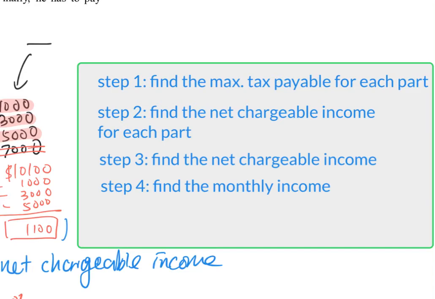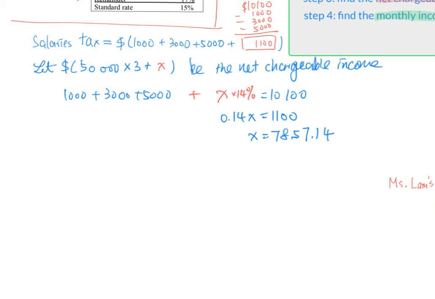This one is actually the step just after step 2. After that, we can find the annual income, and of course at the same time we find the average monthly income. So let's move on.